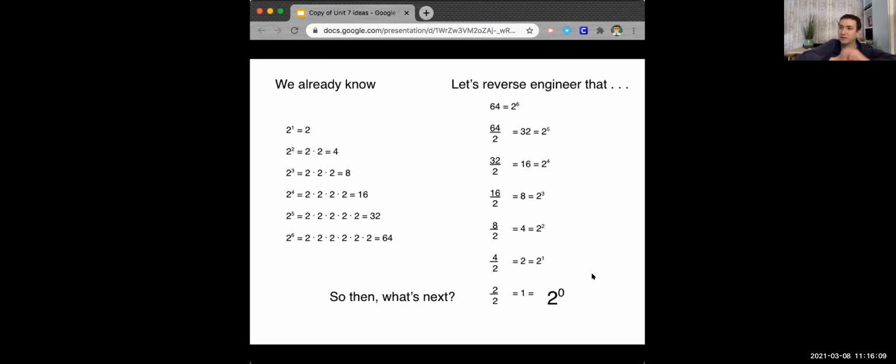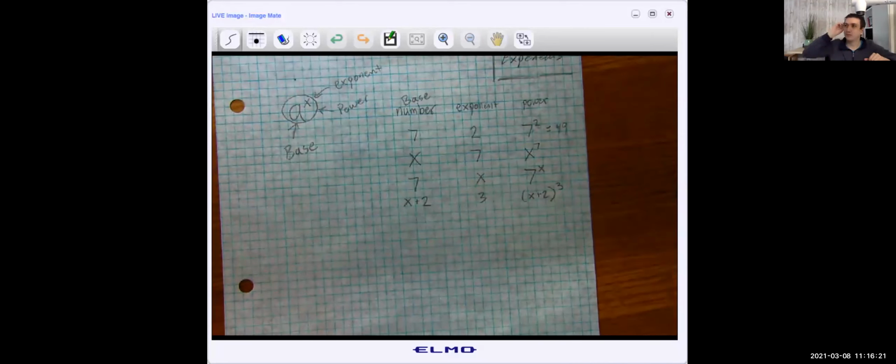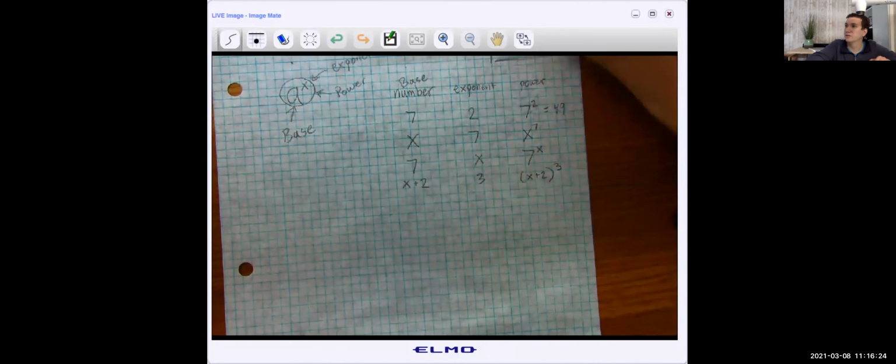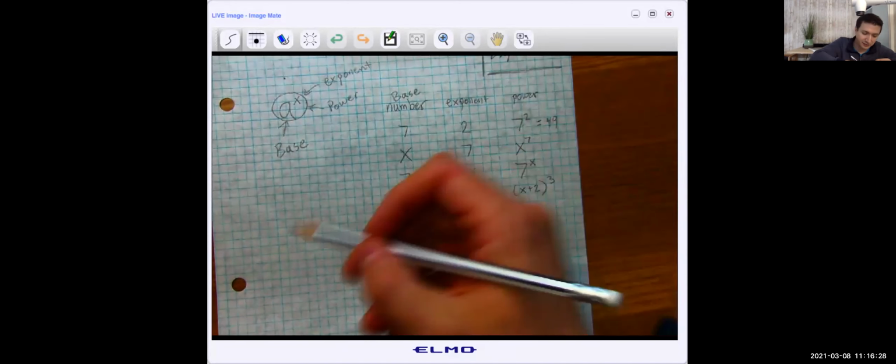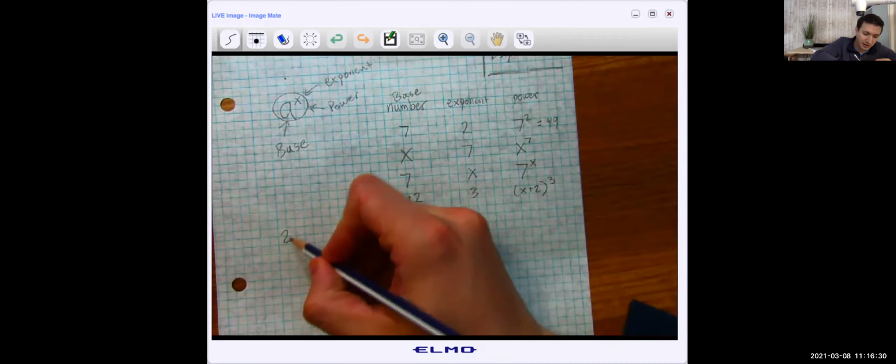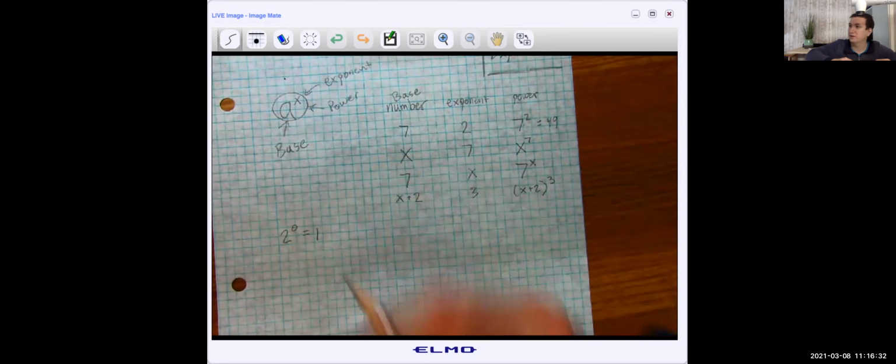Okay, so let's put this in our notes then. I'll show you what it should look like. So what we could say is, if we had 2 to the power of 0, that's going to be 1.